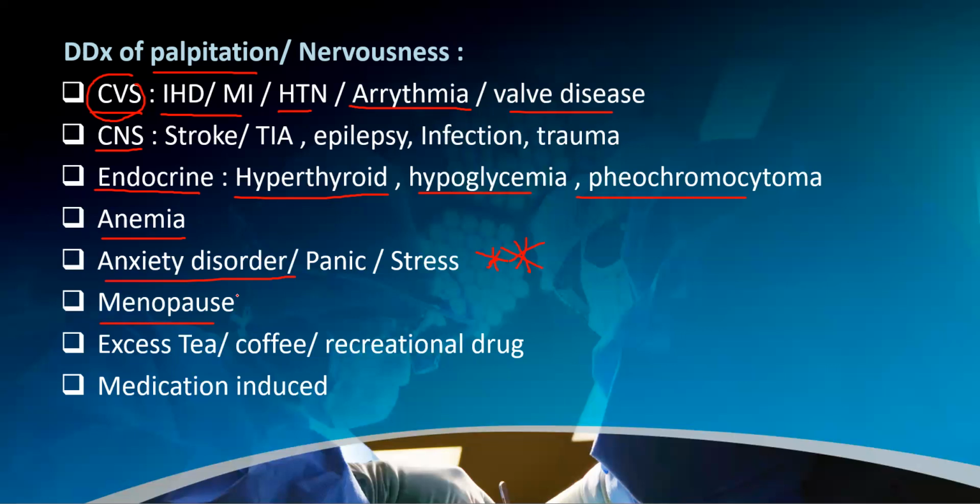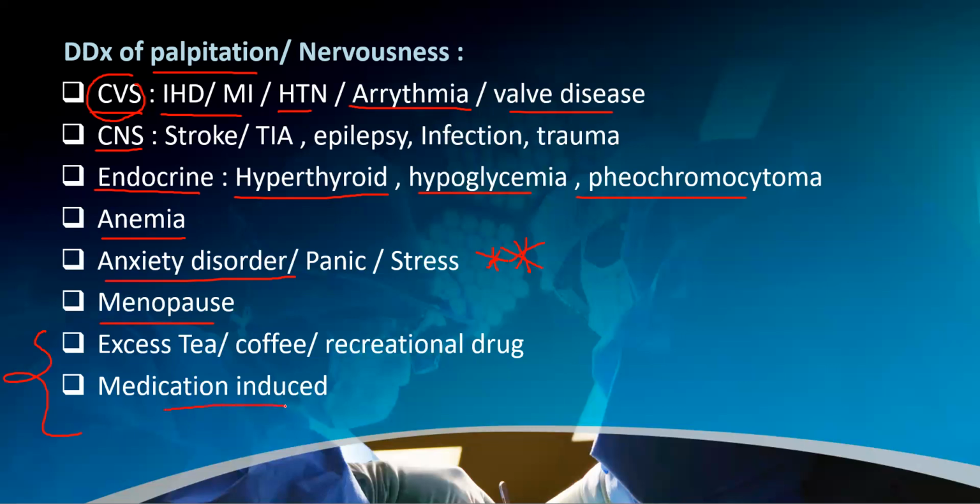So if it's a 47-year-old lady coming to you feeling nervousness, you should always rule out menopausal symptoms or at least the perimenopausal stage. Now, this too is very important. Sometimes medication-induced palpitation can be there, like someone is asthmatic and she just took a lot of salbutamol and then presents with palpitation.